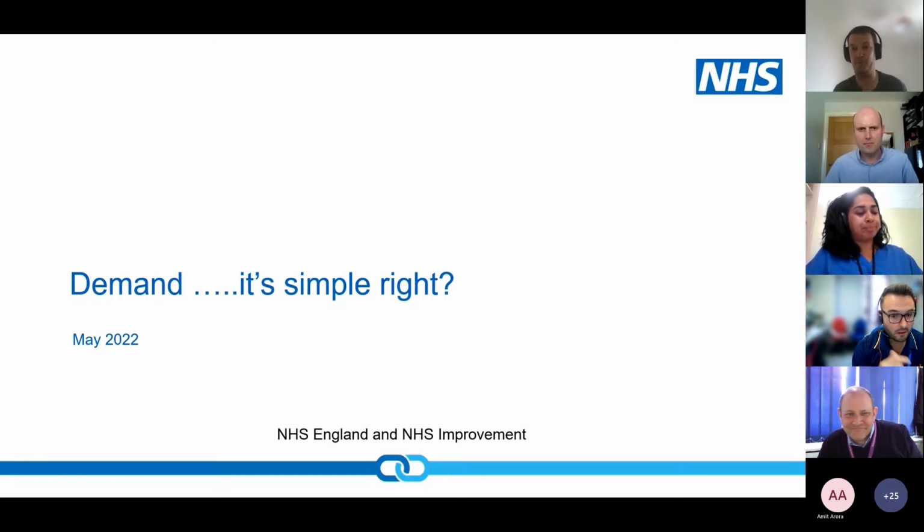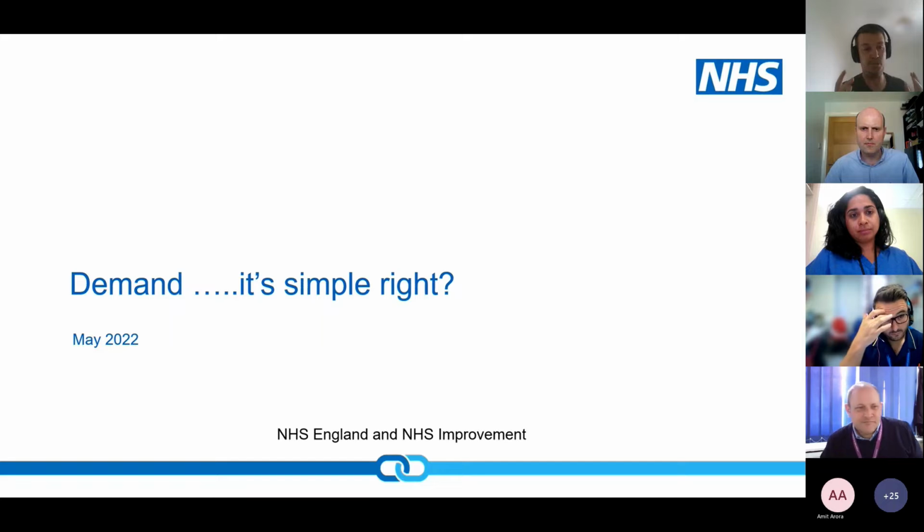Not only from actually dealing with it at the front door, but from my background in data analytics, splitting out demand and looking at different types of patients is so complex, but absolutely pivotal if we are to create a safe environment for both our patients and our staff.